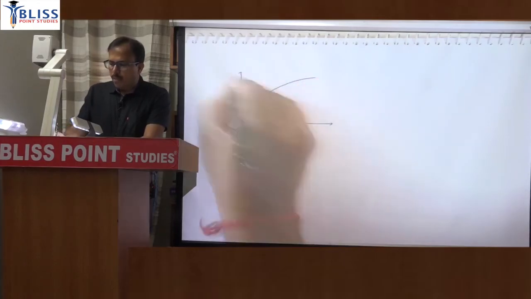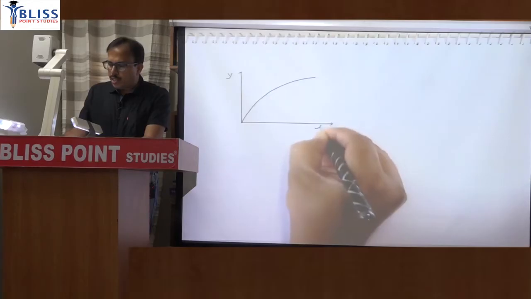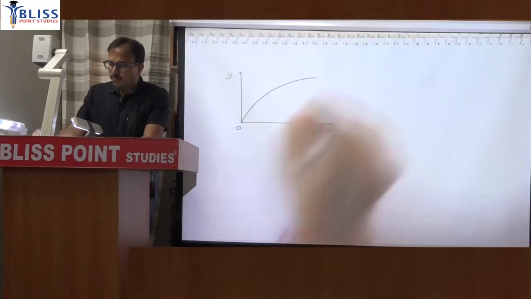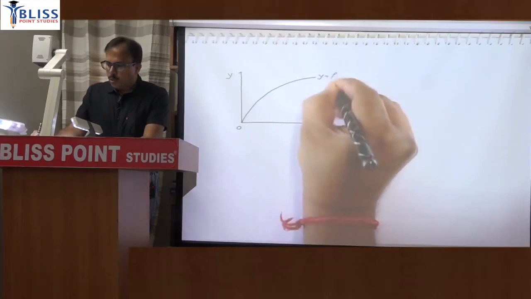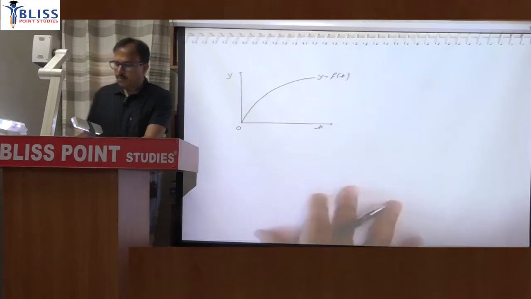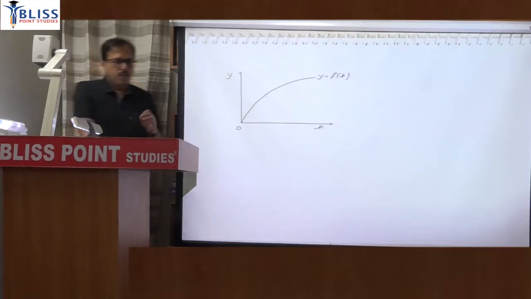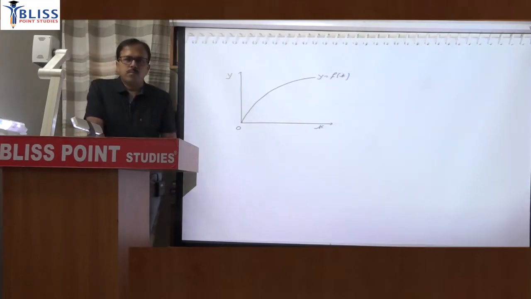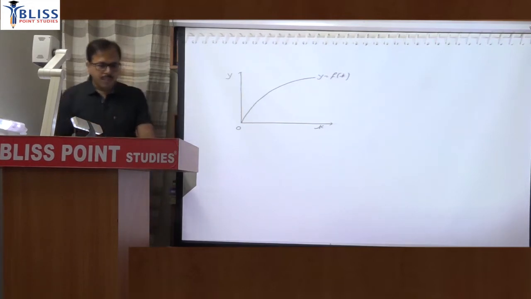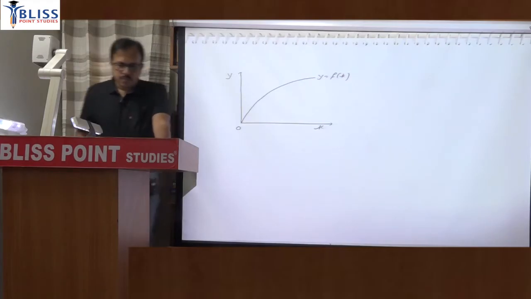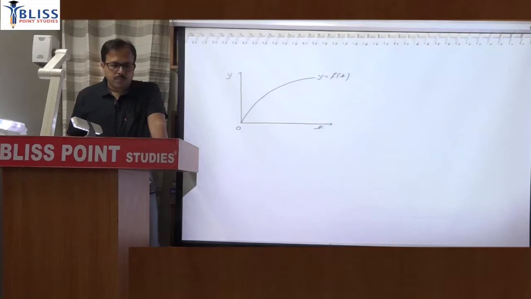Full stop. Due to diminishing return to capital, after comma, marginal product of capital is declining.